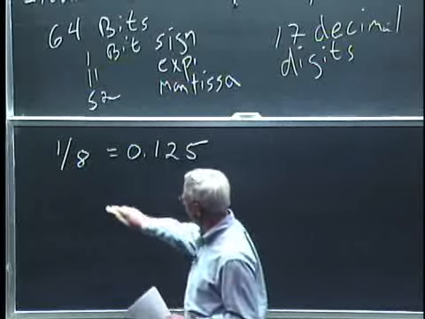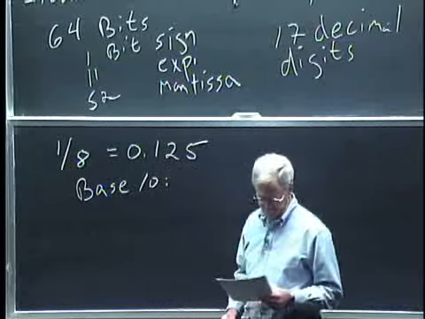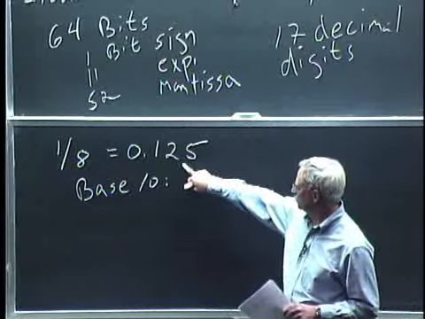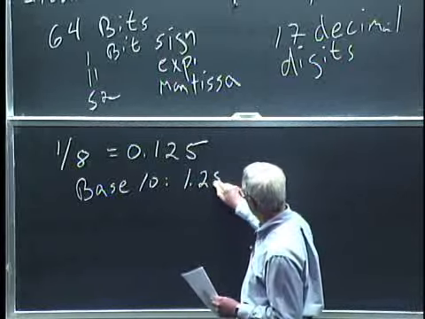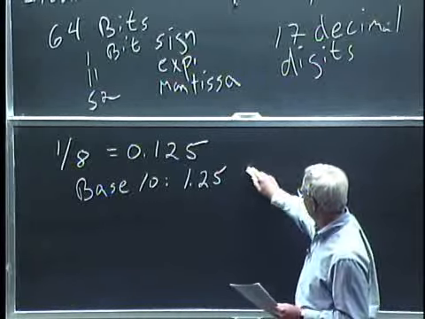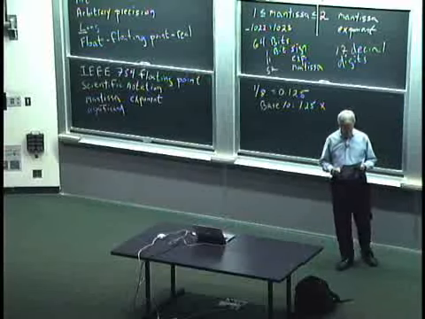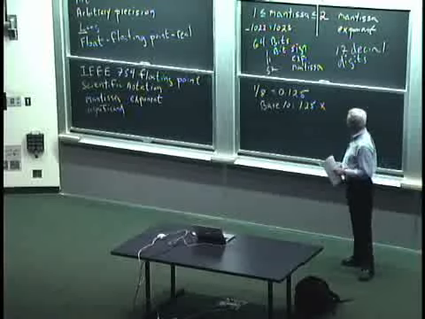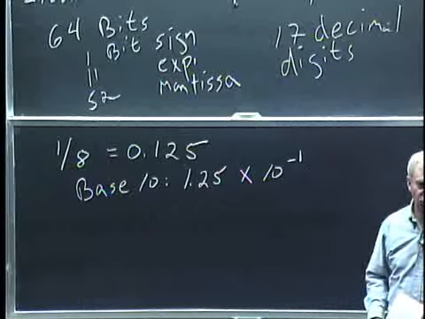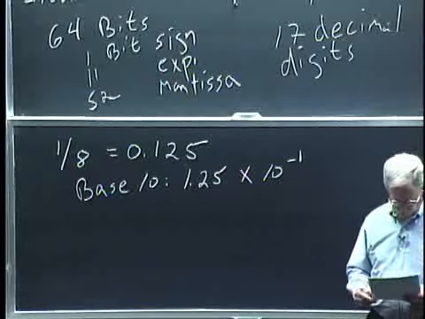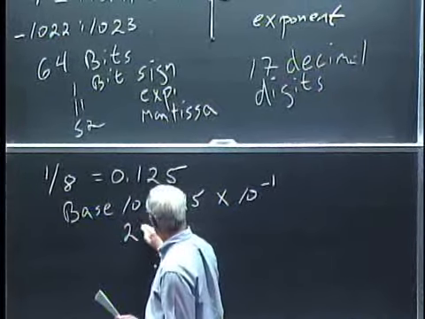So if we want to represent it in base 10, what is that equal to? Well, we'll take a mantissa, 1.25, and now we need to multiply it by something that we can represent nicely. And in fact, that will be times 10 to the minus 1. So the exponent would simply be minus 1, and we have a nice representation. Suppose we want to represent it in base 2.